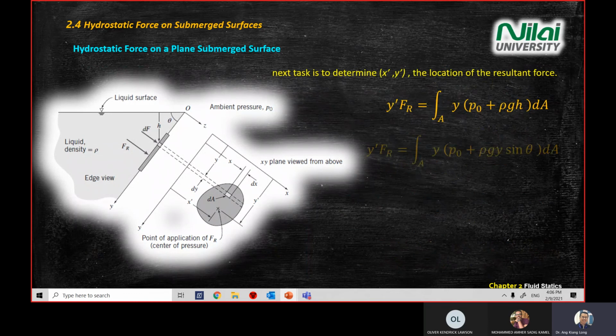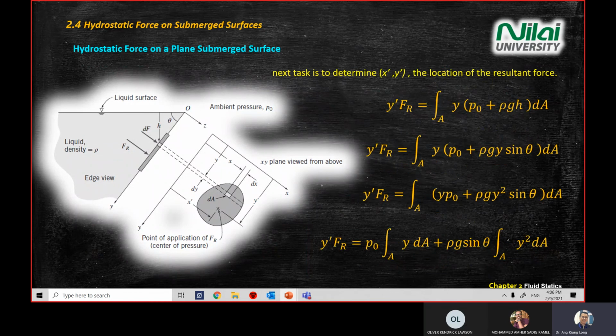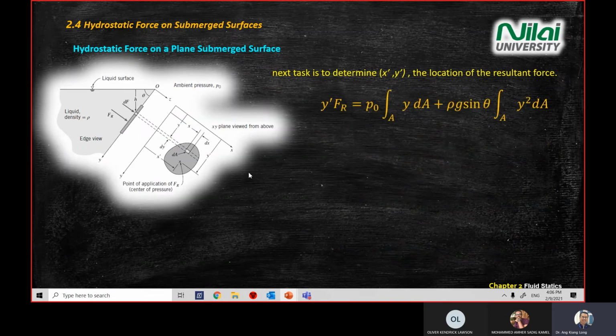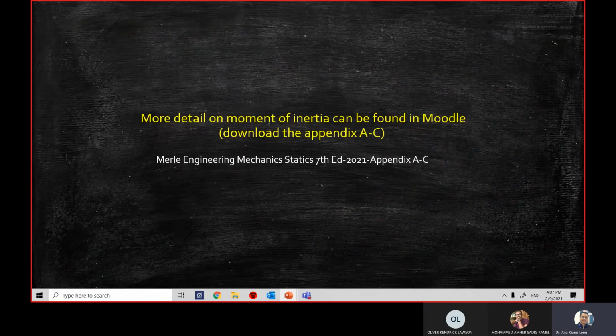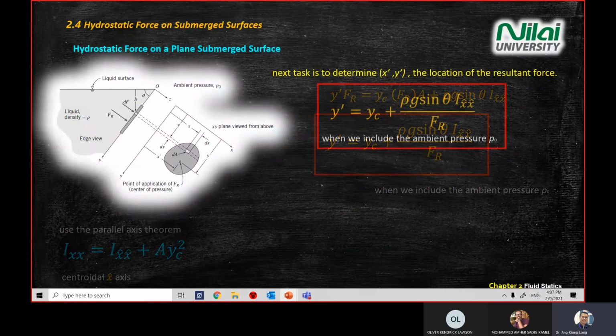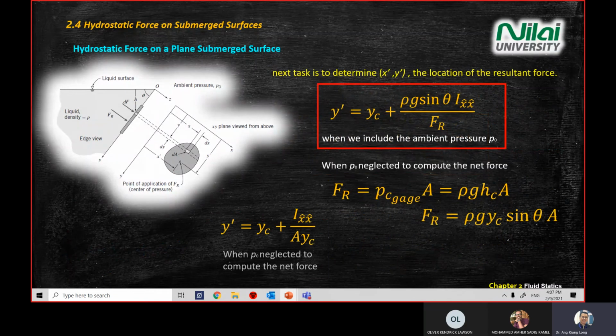And then we already covered how to find the location of your resultant force, meaning y prime and x prime. We have two equations that we can use.